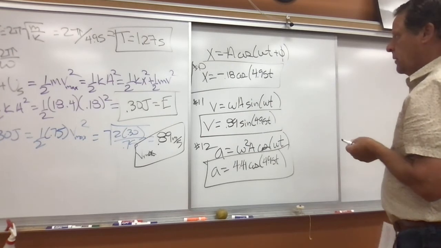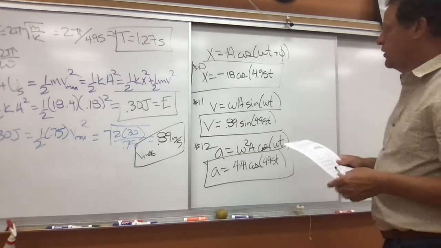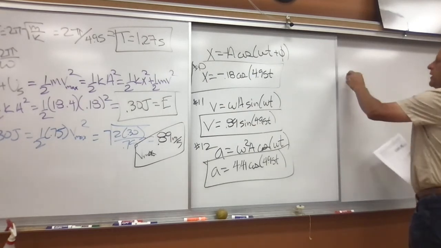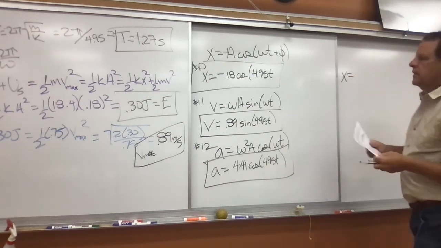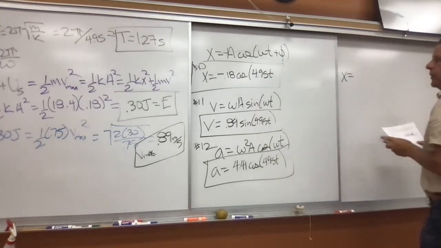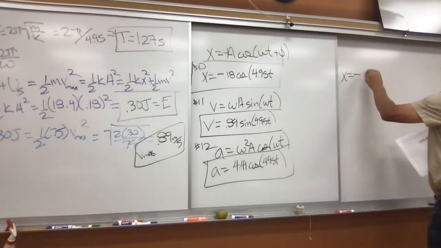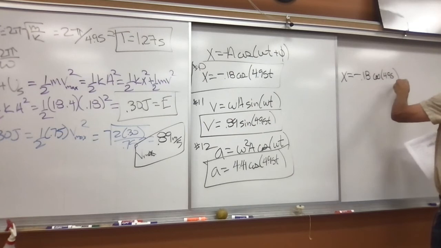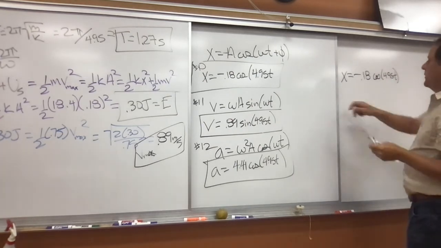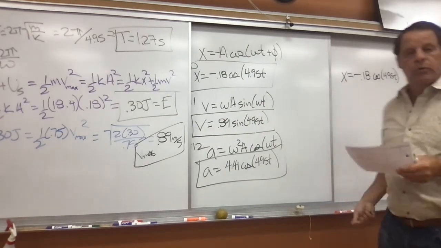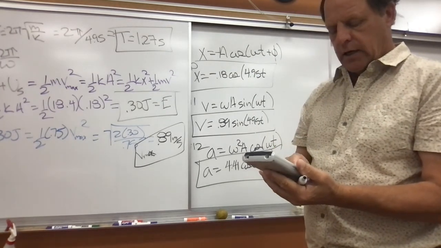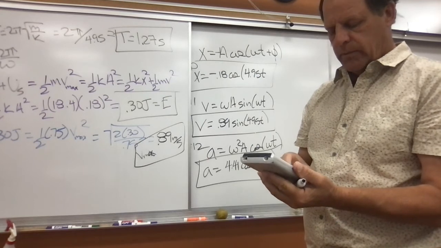So remember, our amplitude is going to be, so we're essentially starting at the bottom. Okay, so we want x, and we're going to start at negative 0.18 cosine of 4.95 t. Now, if we go up to 42, we're going to essentially say 55 minus 42.